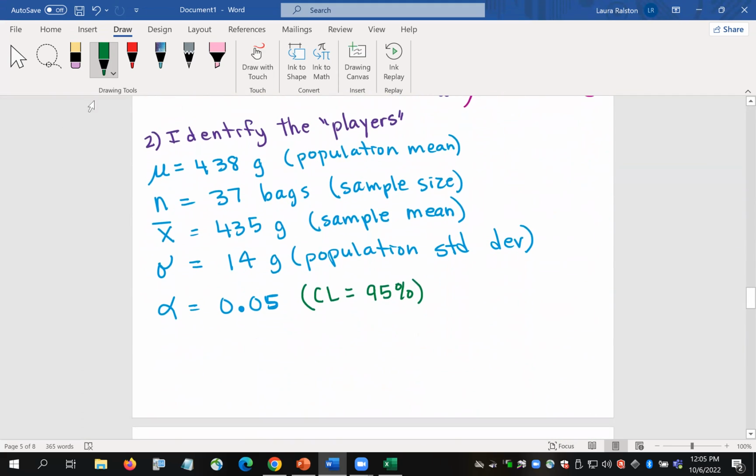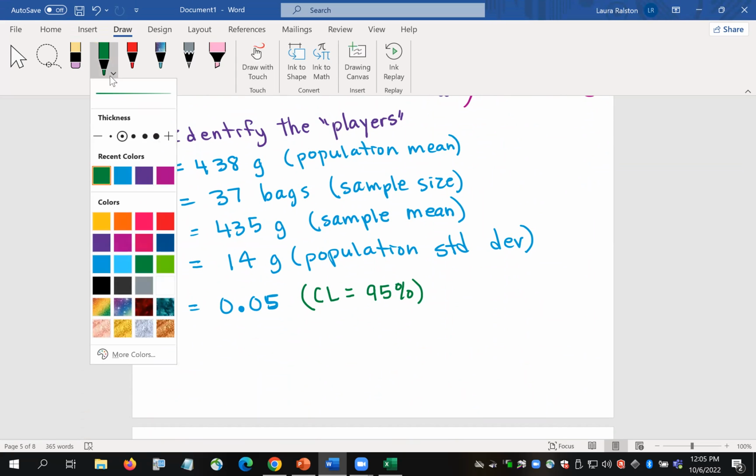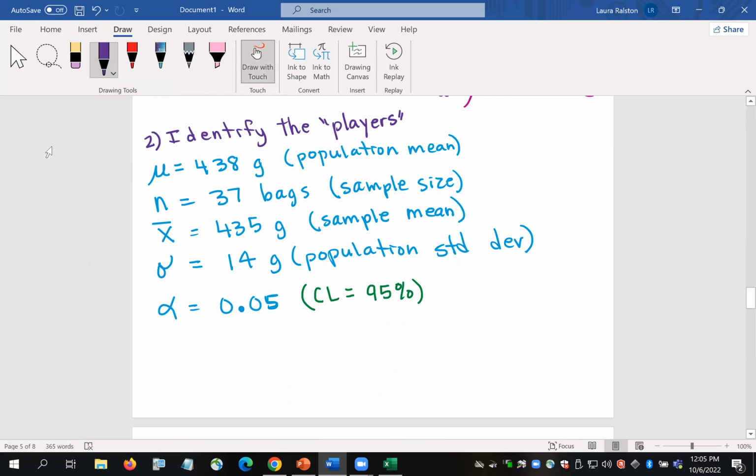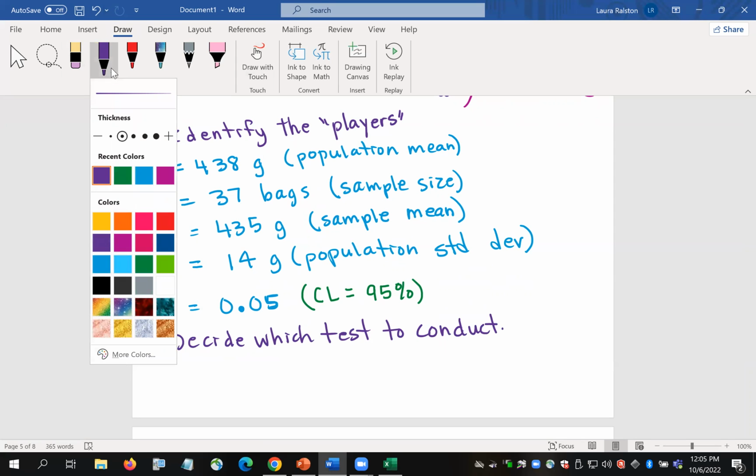Based on the information that I have identified in the problem, I'm going to do step 3, which is decide which test to conduct. And right now, your options are the Anderson-Darling test for normality, the one mean z-test, or the one mean t-test, because those are the only ones that we've really even touched on.